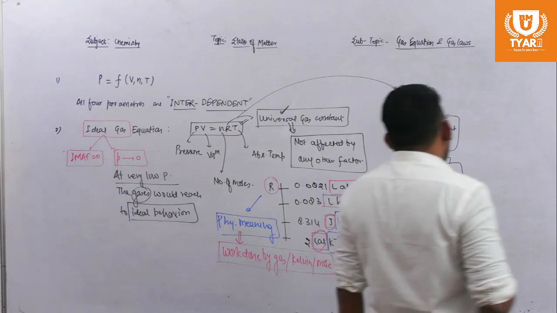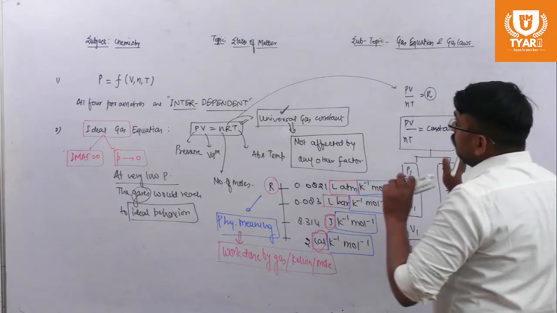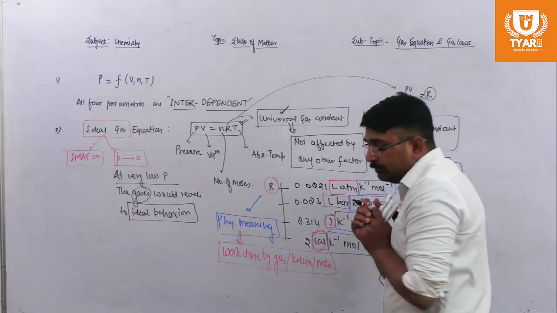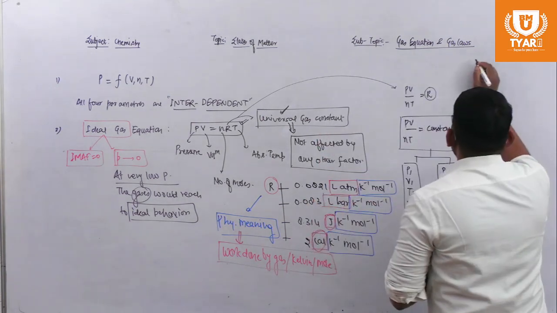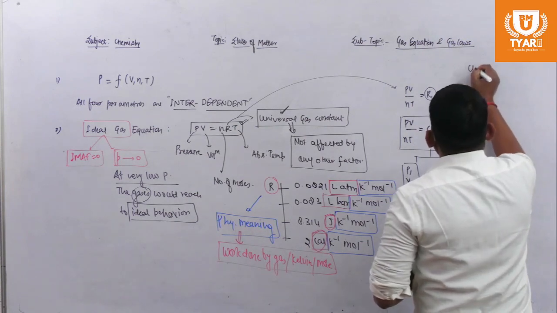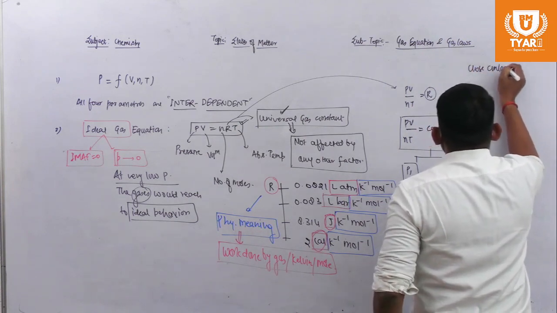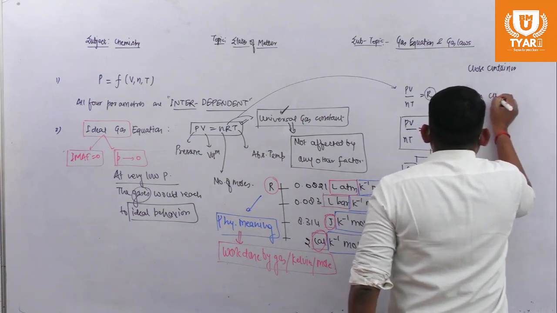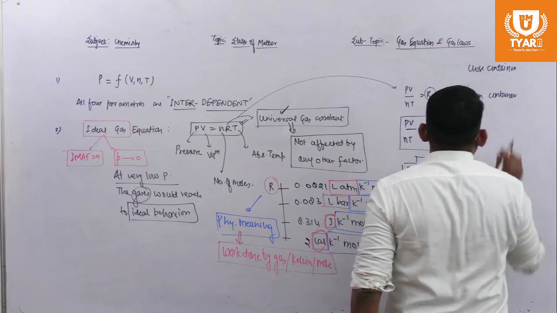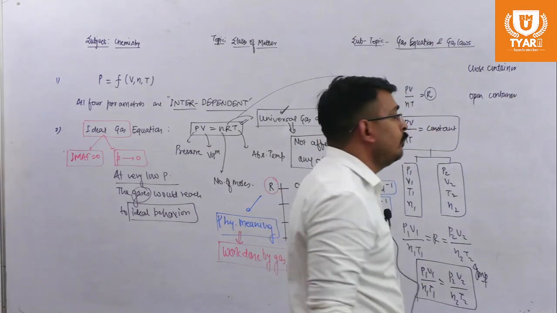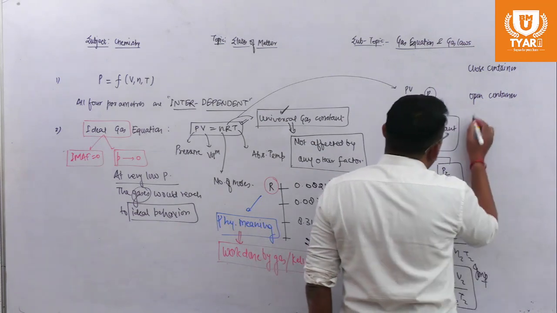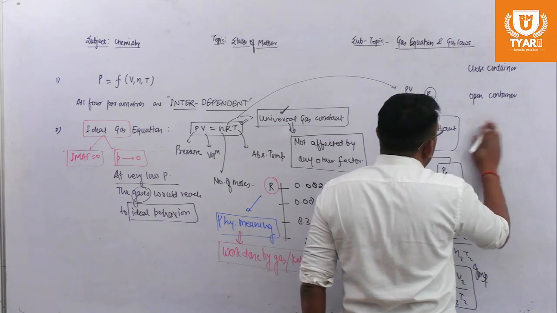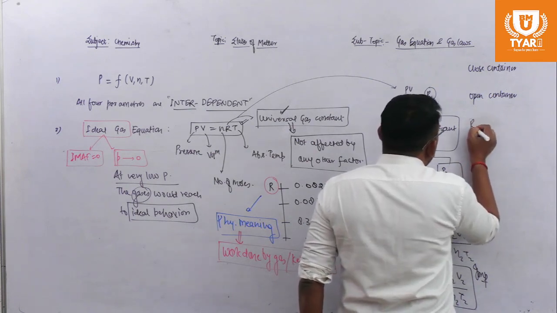I just want to make some terms familiar to you, and these are terms like closed container, open container, then fixed or rigid container, or flexible container. These terms you will be seeing when you are doing numerical problems.